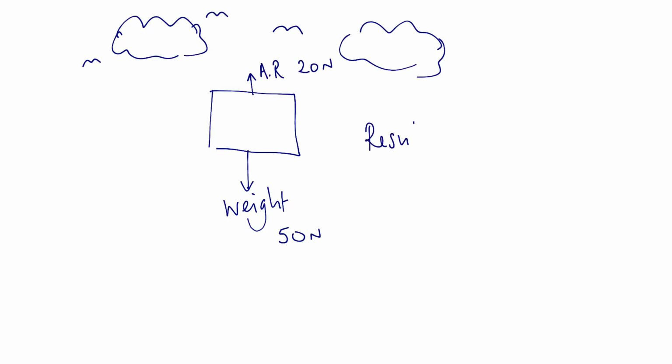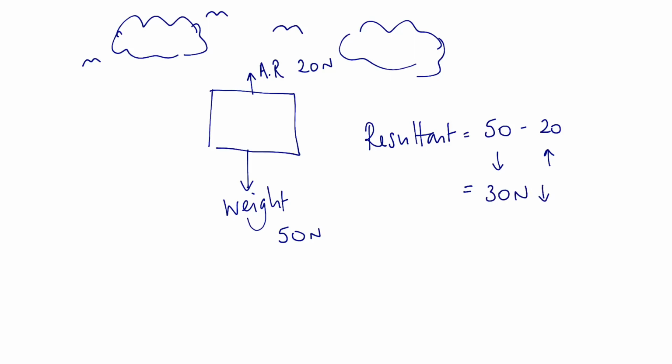So the resultant force equals 50, the one that is going down, take away 20 newtons, the one that's going up. So our resultant force is 30 newtons, and because it's a vector, we need to give a direction, so downwards.